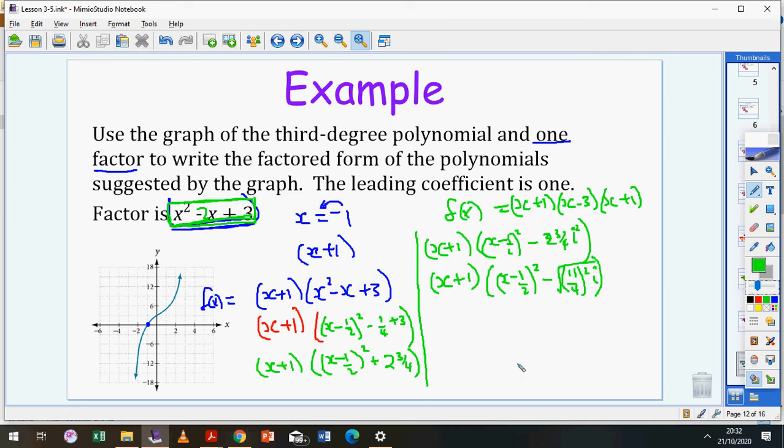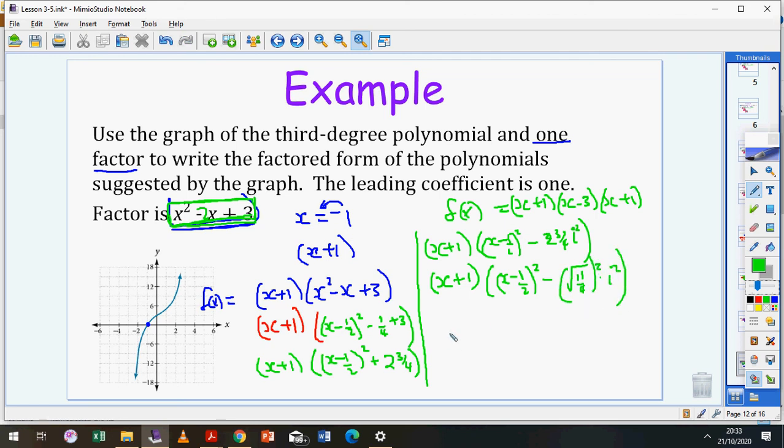Still, this does not change the meaning. Wait. That is the square root of 11/4 squared times i squared. That doesn't change the meaning.